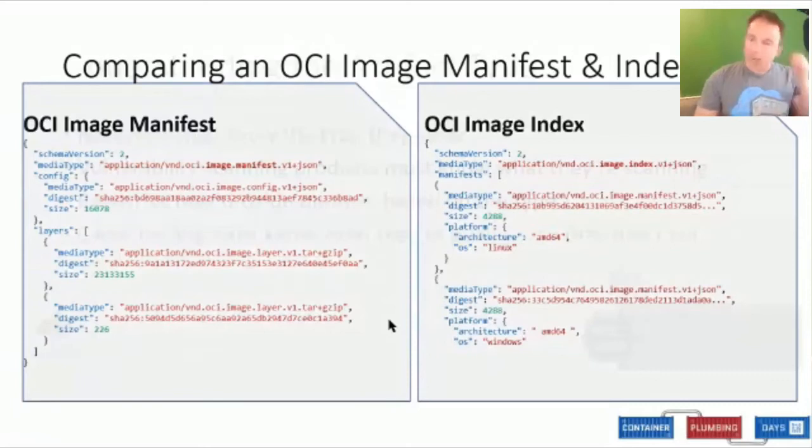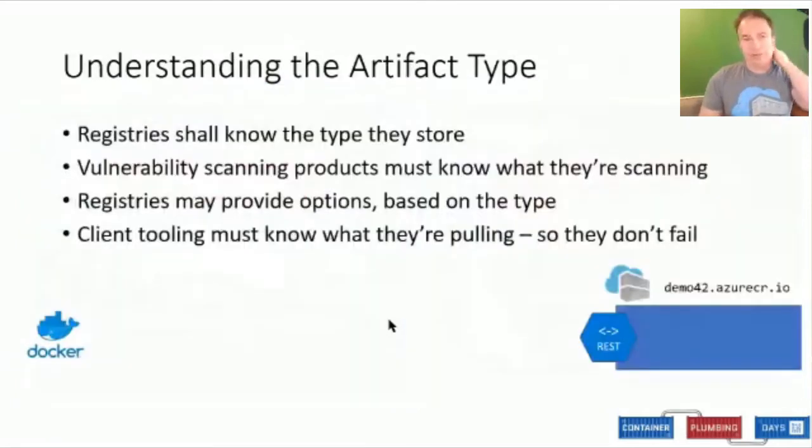Now, the next part is how do you define what that artifact type is? If we don't want them to all look like container images, how do you differentiate those? And why is it important to differentiate? Well, you want your security scanner to know that the content that is actually a VM or a Helm chart, when it tries to scan it and it fails, it shouldn't have even tried to scan it. Or in this case, the Docker client, if I'm not paying close attention to that full URL, that URL might look like it's the WordPress image.